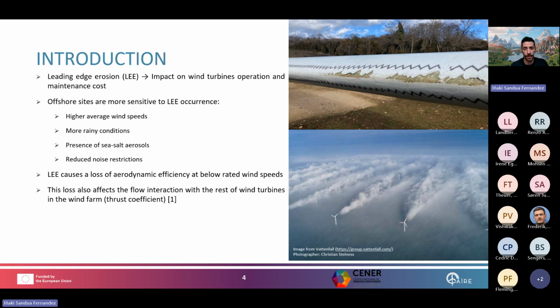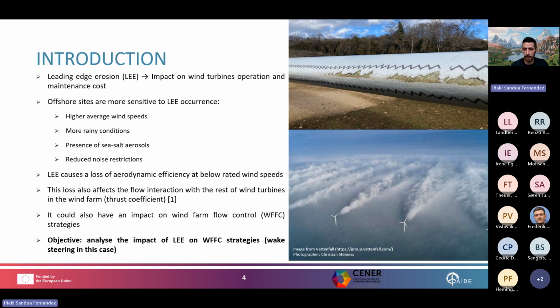So it affects the interaction between the wind turbines in a wind farm, as you can see in this image that I'm sure you have seen thousands of times. So as it affects this, we believe that it could also have a relevant impact on wind farm flow control strategies.